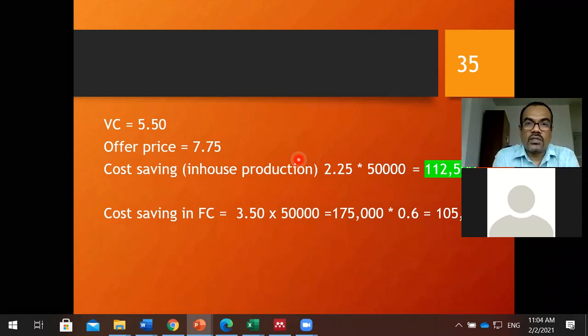If the variable costing, marginal costing, or the costs are less than the benefits, then it is financially viable, not otherwise. Even if it is financially viable, the final decision depends on the qualitative factors. You need to take them into account before taking the final decision. So that is the summary, and some few questions I've asked.